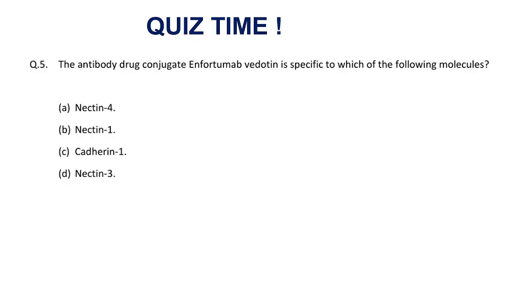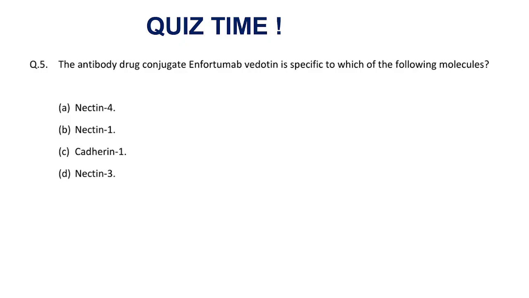So basically the pathway of enfortumab vedotin: it is a first-in-class antibody drug conjugate designed to target nectin-4. It's a cell surface protein that's highly expressed in solid tumors, particularly bladder cancer.